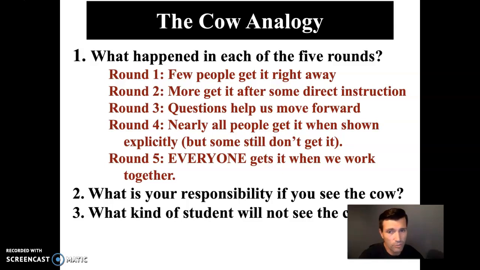There's lots of reasons why someone might see the cow in round 3 or round 4, but others might not. And not very many of them have to do with natural ability. A lot of them have to do with everything else going on in life, especially with COVID and stress and distance learning and everything that you all are dealing with as families.